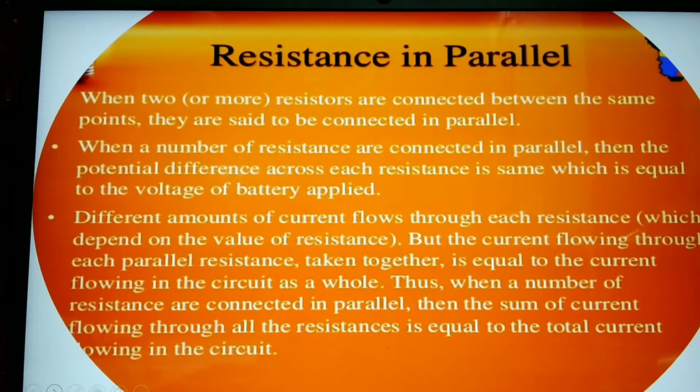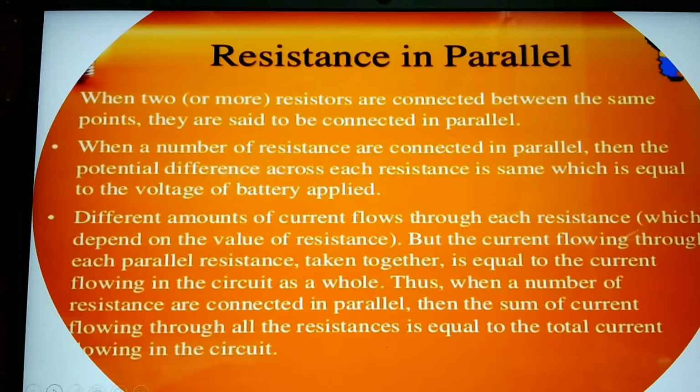When two or more resistors are connected between the same points, they are said to be connected in parallel. When a number of resistances are connected in parallel, the potential difference across each resistance is the same, which is equal to the voltage of the battery applied. Different amounts of current flow through each resistance, which depend on the value of the resistance.